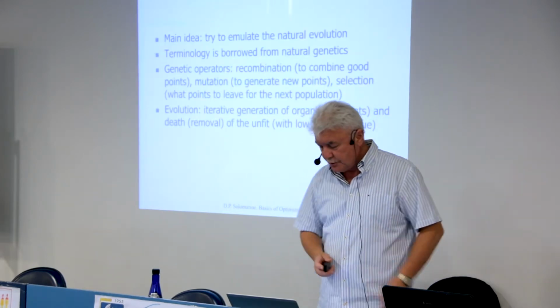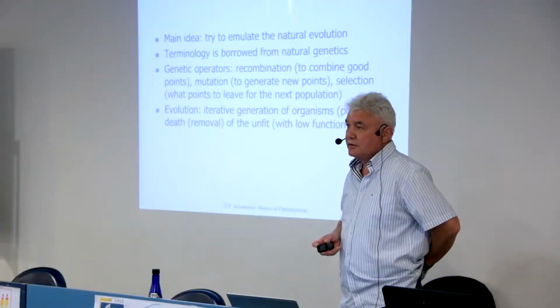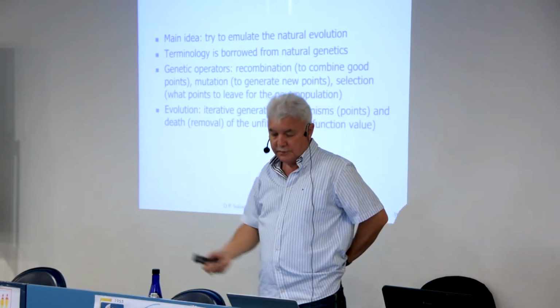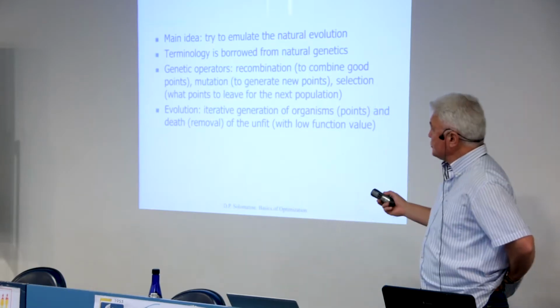Now, genetic algorithms. The terminology was borrowed from natural evolution. These ideas of using what happens in nature started to appear in the 50s and 60s, but then different people formulated them differently. So in the end, there were two schools formed.